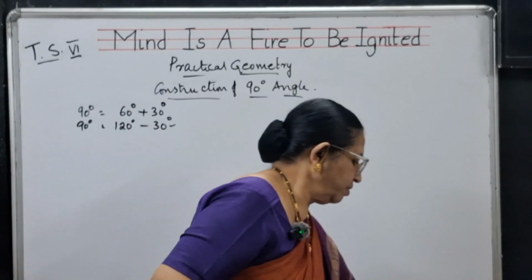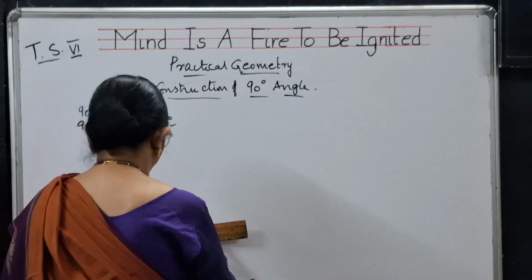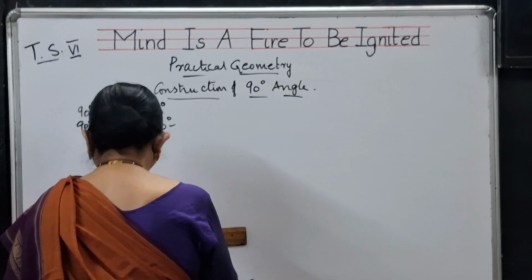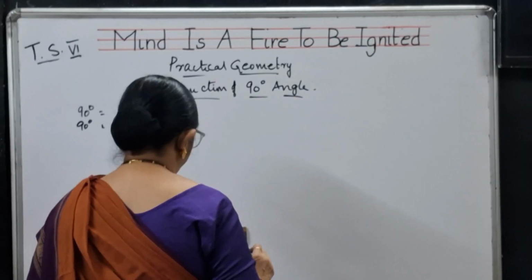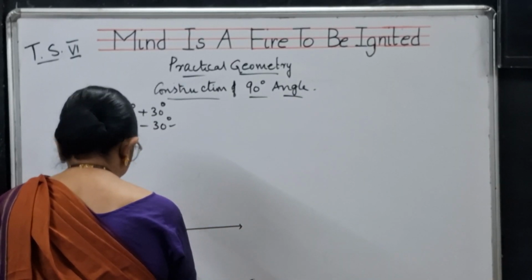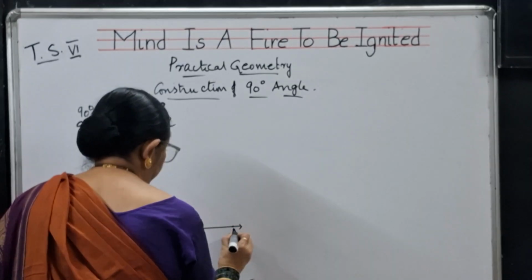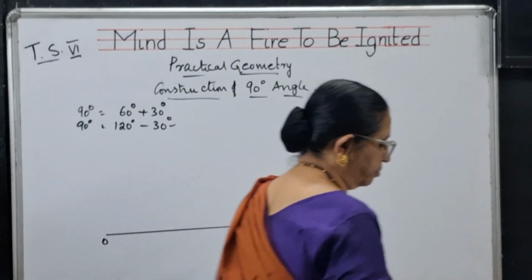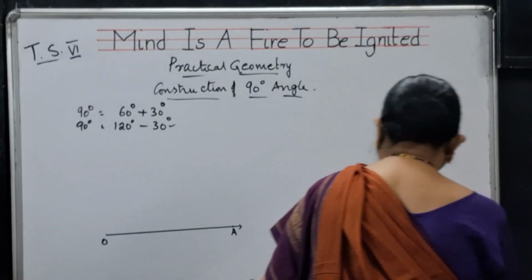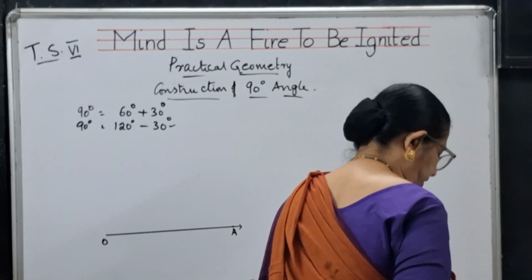In order to do this, first you have to draw an angle of 120 degrees by using scale and compass. You should get 120 degrees.